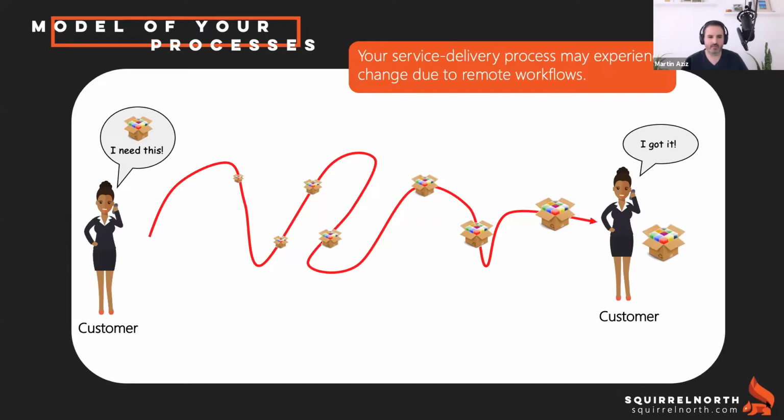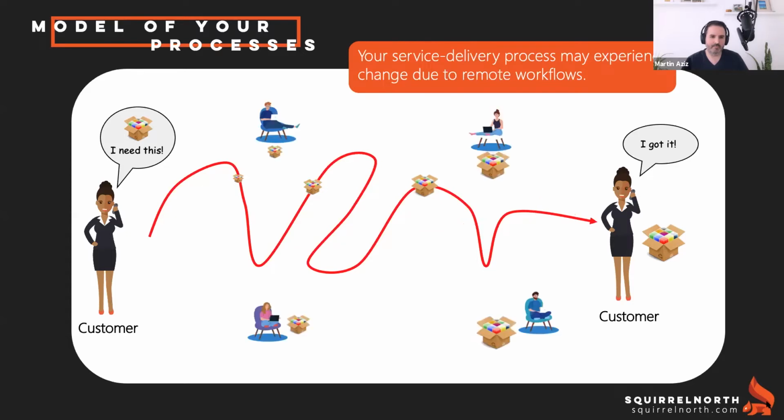You are going through a number of steps in order for your customers to receive what they're looking for. And here comes remote work, which is now introducing some disruption to that flow. So the flow is changing. You are going to be going through new paths, potentially new sources of delay are arriving, and others that may have been part of your experience are gone.